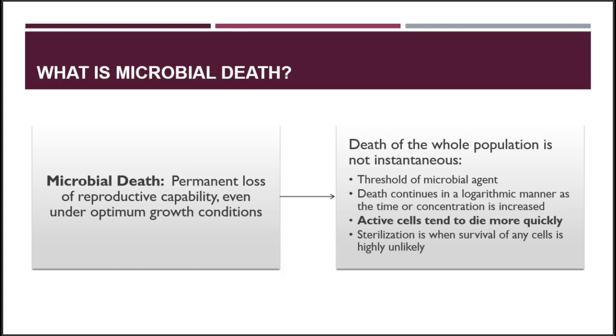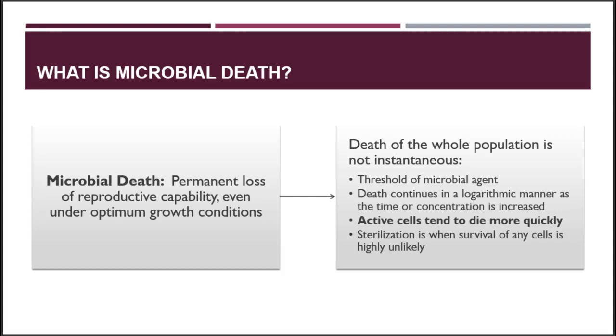So not all of these methods result in microbial death, as I mentioned before. Some of them just prevent additional growth. When we're talking about microbial death, we mean the permanent loss of reproductive capability. So even when the organism is in optimum growth conditions, the use of that particular method or process will result in the loss of that organism being able to reproduce.